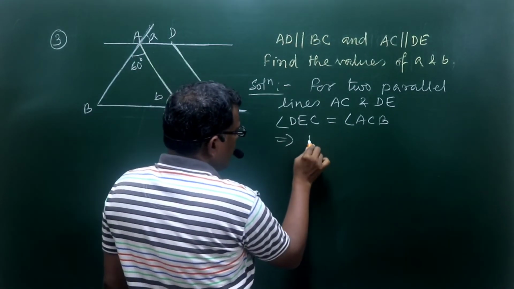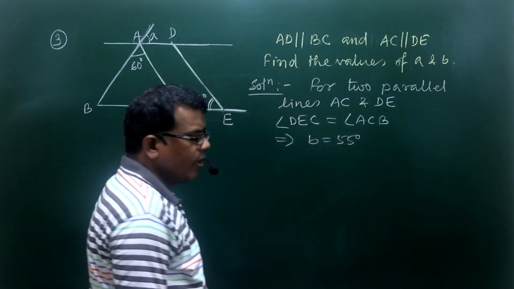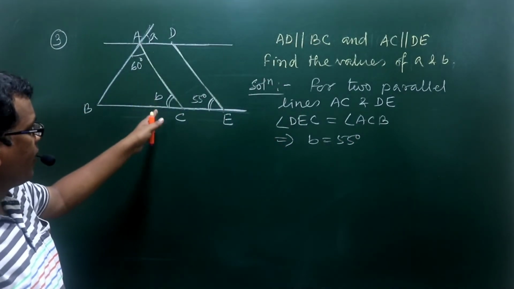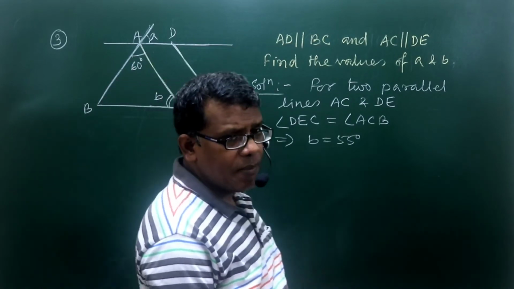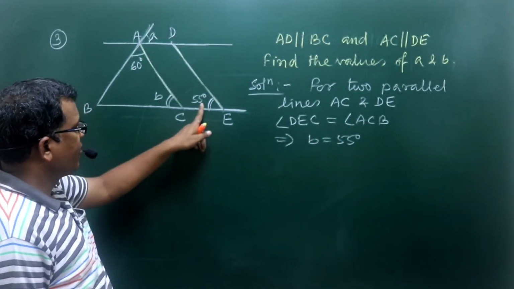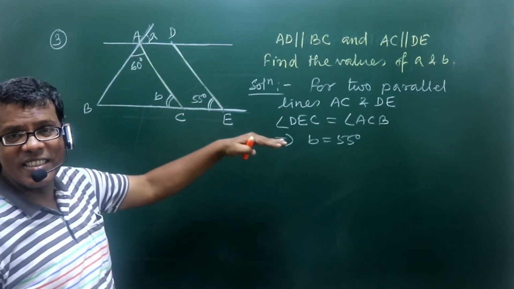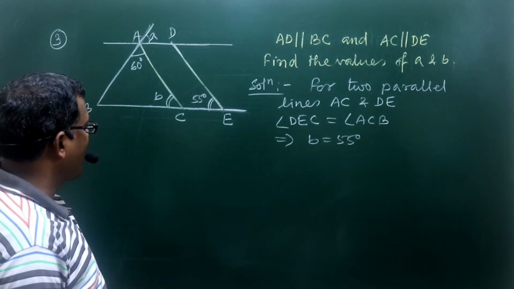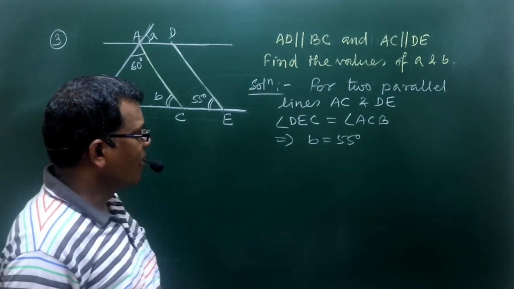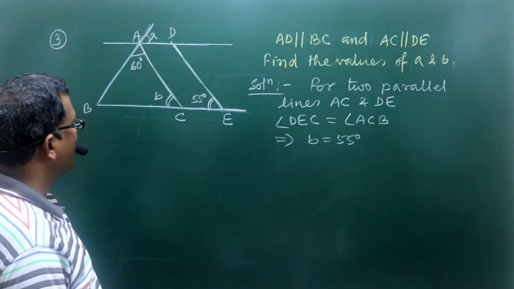So can we write down the value of B as straightaway 55 degrees? The angle value of B, that is angle ACB, is absolutely 55, because this angle is given as 55, these two lines are parallel, and this is the transversal line, right? So we have got the value of one out of two unknowns in one step only.